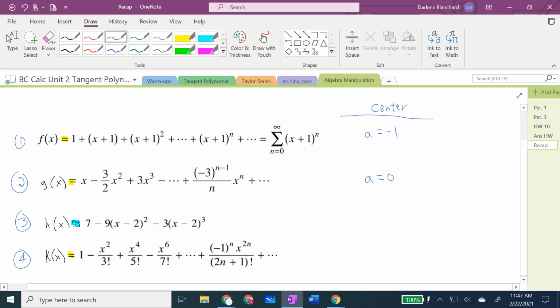Notice the difference between when the center is 0 versus not 0. For the third one, the center is not 0. The center is 2. And then for the last one, do you see that the center is 0 for that last one?